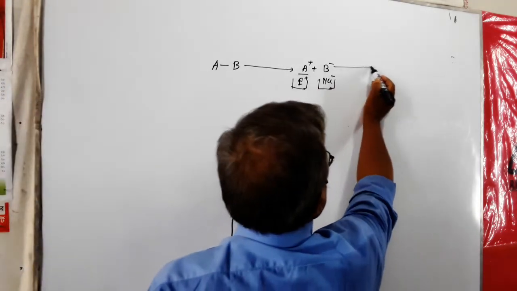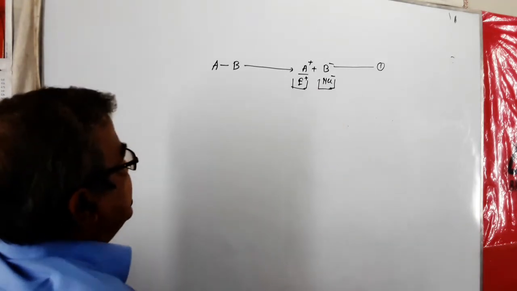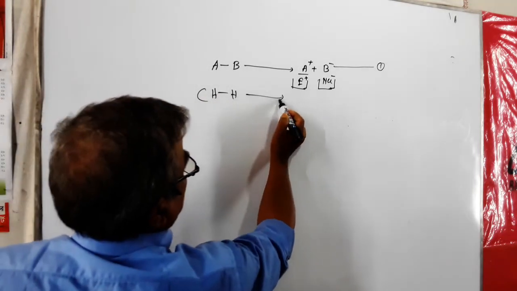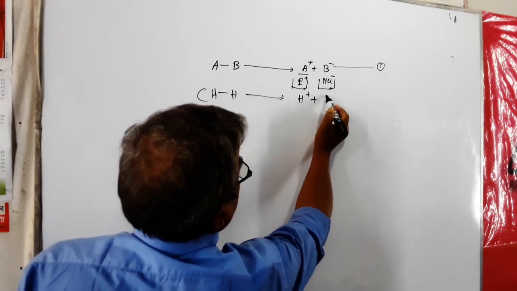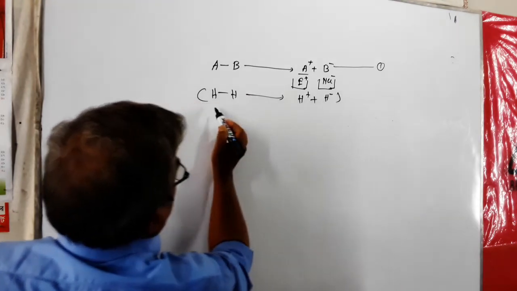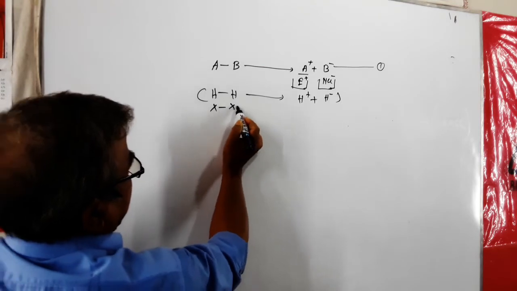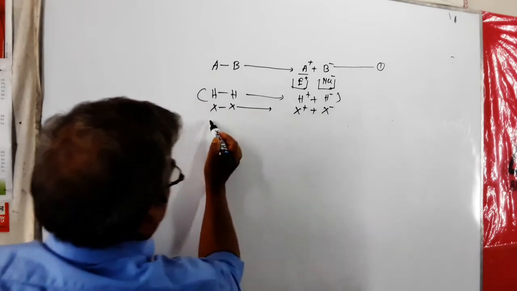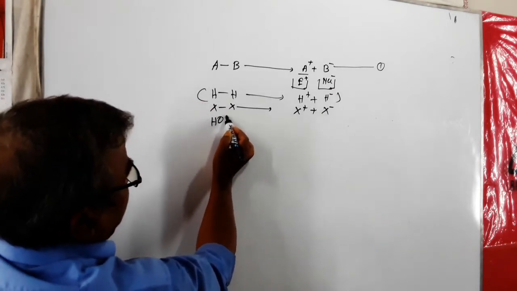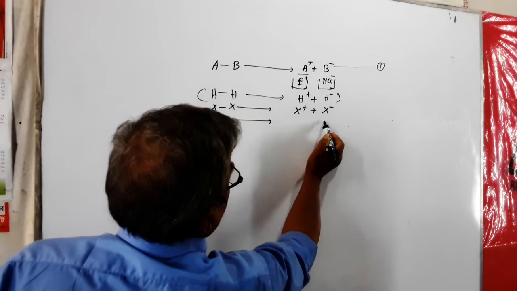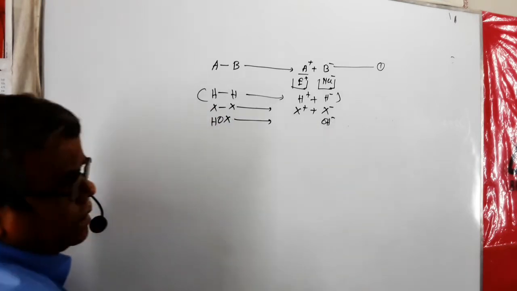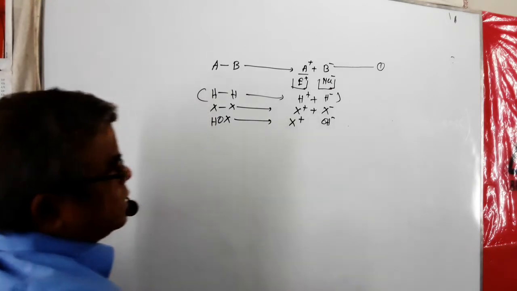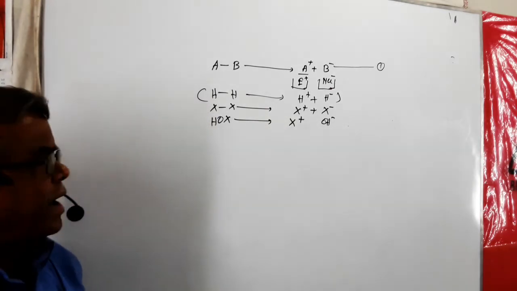This is step number 1. If it is hydrogen, then it will be one proton and one hydride. If it is halogen, then one is halogenium, another is halide. If it is hypohalous acid, then hydroxide will be nucleophilic and halogenium will be electrophile.